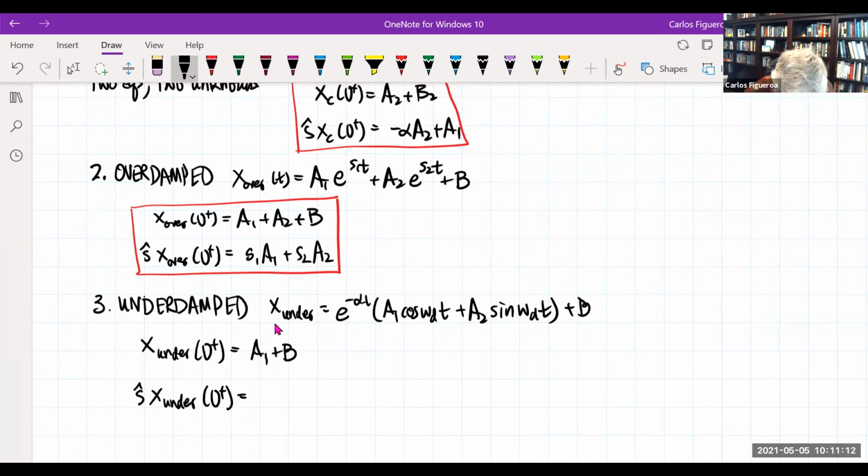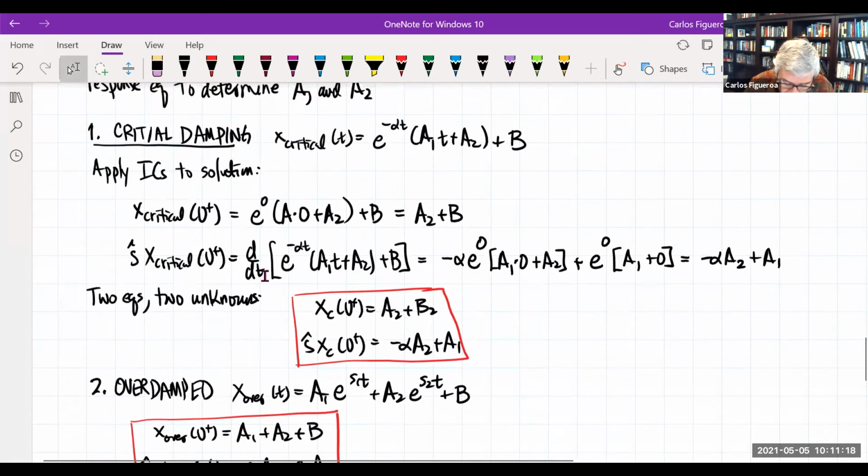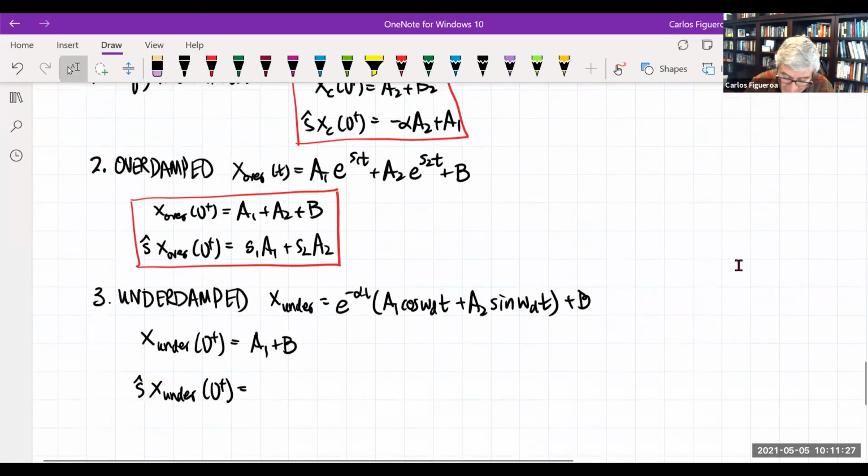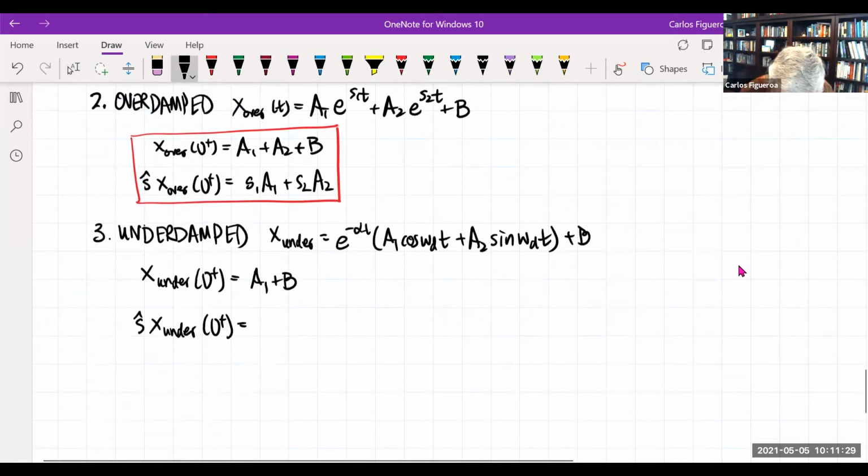If I look at the derivative of this guy, I got to use the chain rule. So this is very similar to the one that's critical, right? The chain rule is going to give me minus alpha a2. But in this case, it's not a2 because it's the cosine that's going to survive. I'm sorry, it's going to be a1.